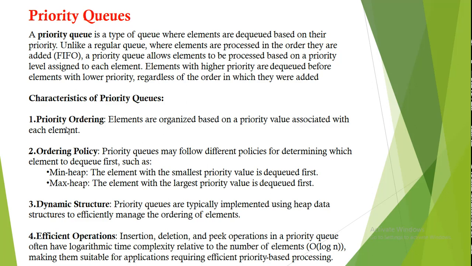So here the first point, what is the meaning of priority queues? They are telling priority queue is a queue where elements are dequeued based on their priority. For example, whether you want from minimum to maximum or maximum to minimum, based on what order you want, based on that priority only we will be using, unlike regular queues.